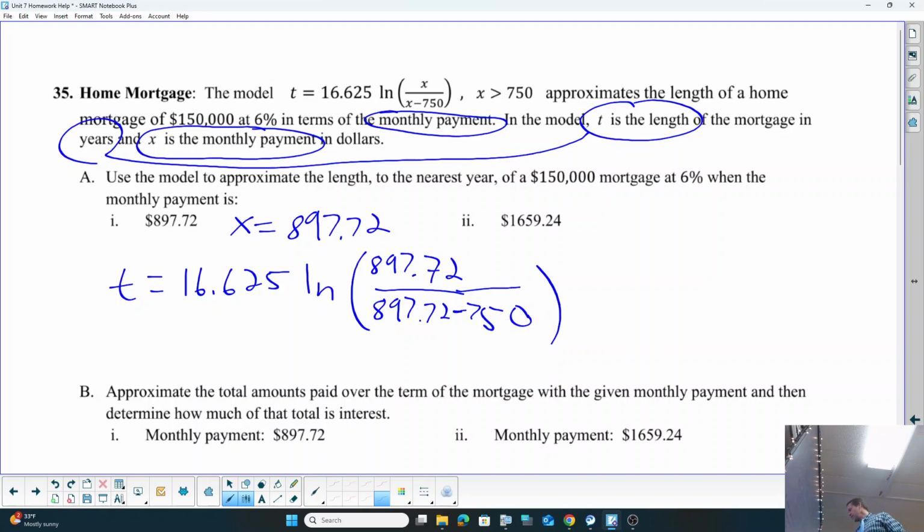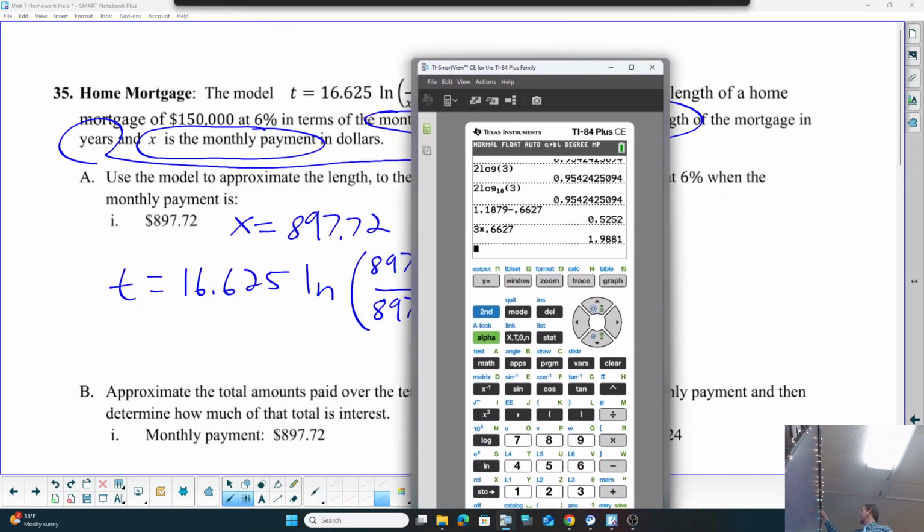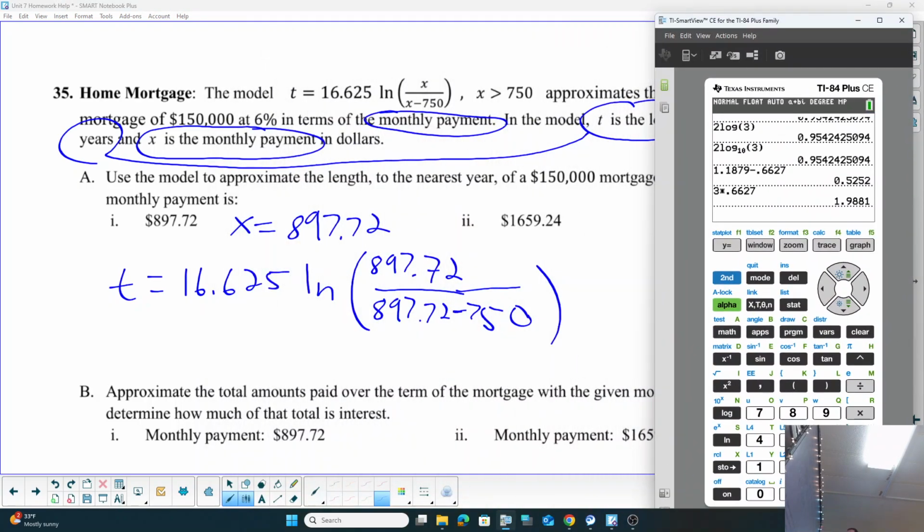Wayo. Carefully plug it into your calculator. So we're going to go 16.625, times ln of parentheses. Use lots of parentheses.